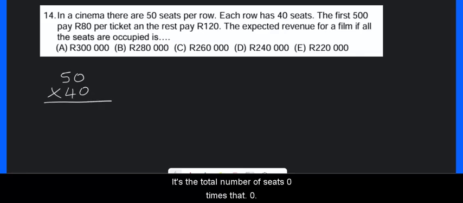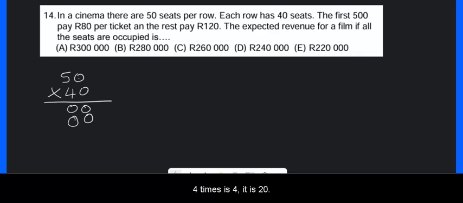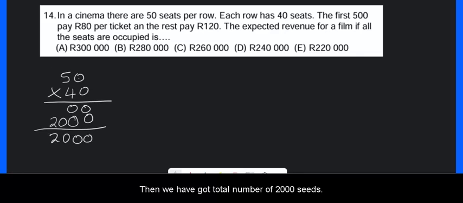It's the total number of seats. 0 times that, 0 times that, it's 0. We bring 0. 4 times 0, it is 0. 4 times 5, it is 20. Then we have got a total number of 2,000 seats. This is the total number of the seats that we have.